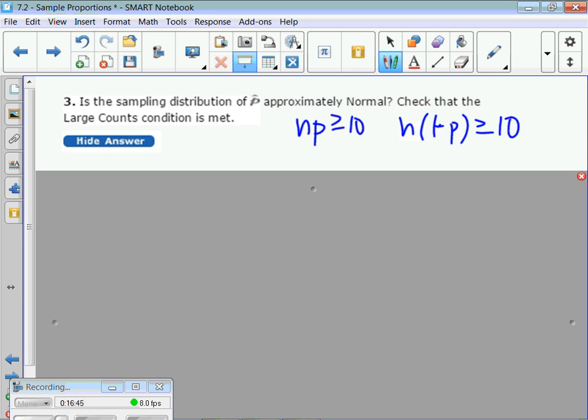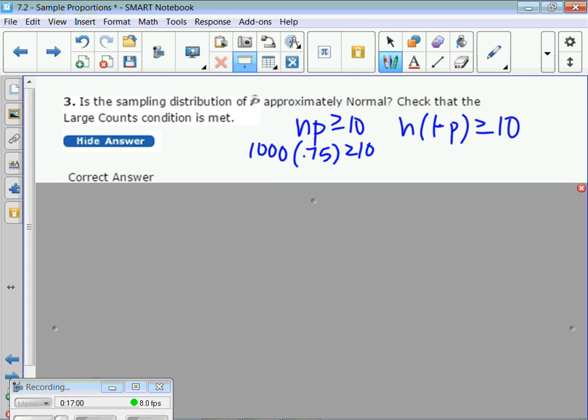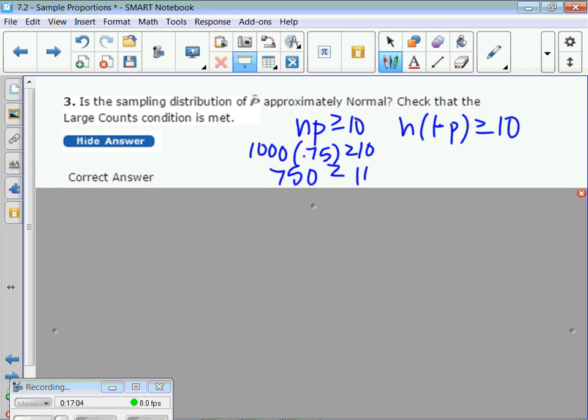What's n in this problem? It is still 1,000, yeah. And what's p in this problem? True, p is 0.75. That's 750. You guys, you have to actually calculate this. Okay, 750. Yay, that's greater than or equal to 10.